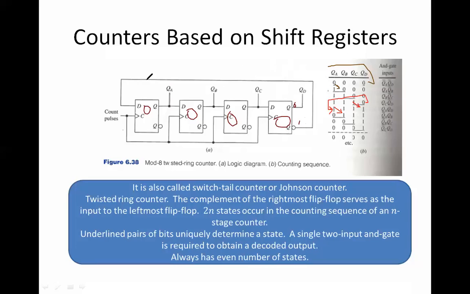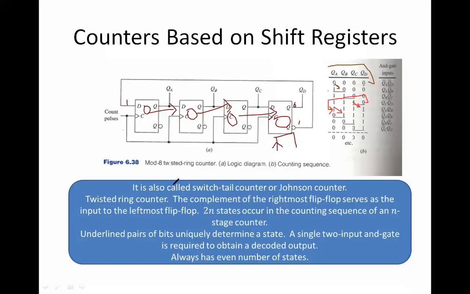So this 1 will come here, and this 0 will get pushed to the next flip-flop, and this 0 will get pushed to the next flip-flop. This 0 will come here to the next flip-flop, right? So at every positive cycle of your clock, these values keep shifting from one to the other.